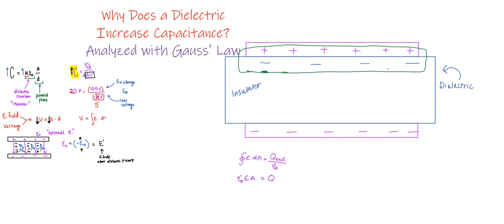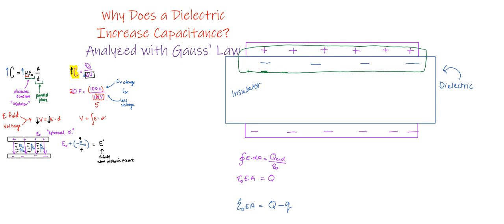Now, with the dielectric there, the amount of Q enclosed is actually going to be a little bit less, right? And so what I would show here is that the difference would be that I have the certain amount of Q that was originally enclosed minus the amount of Q that was added by the dielectric, and I have something that looks similar to this.